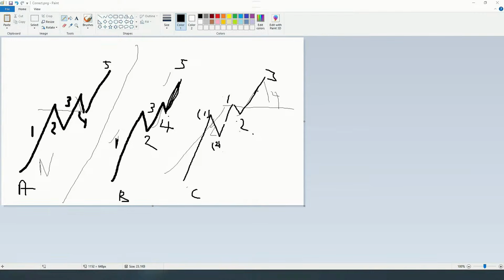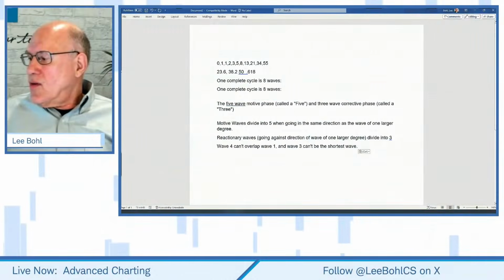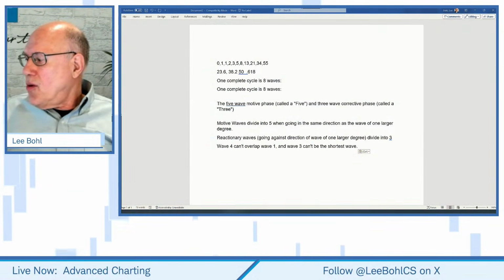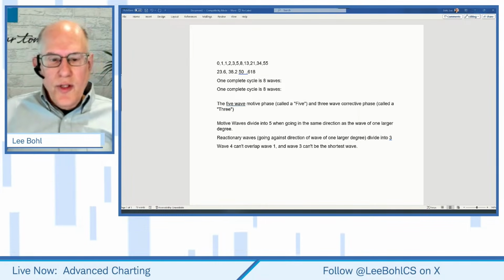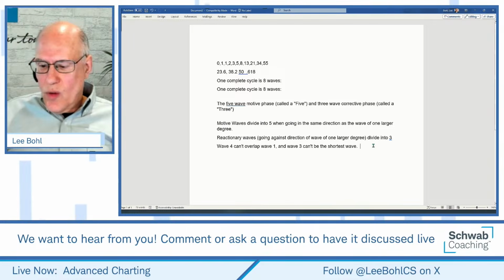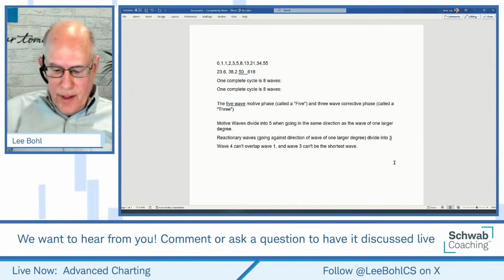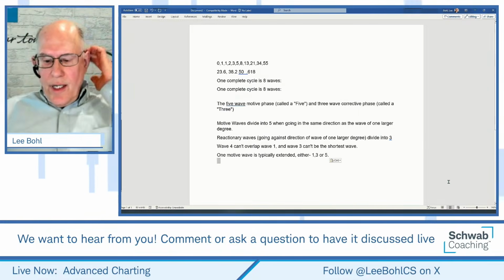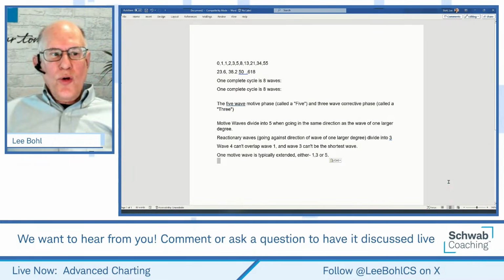So what we need to add here is that sometimes you can have what are called extensions, where one wave just seems to keep going. Typically it is one of the motive waves.